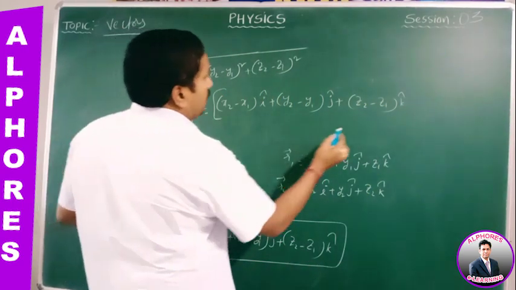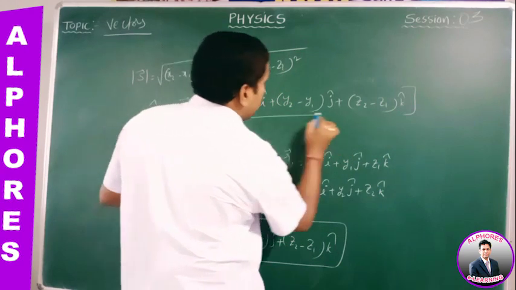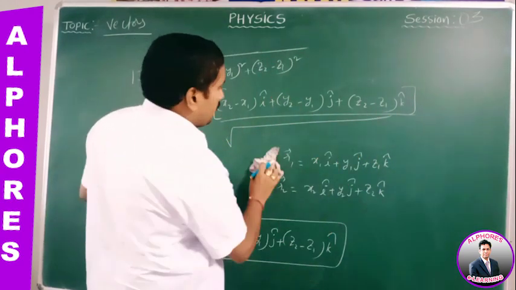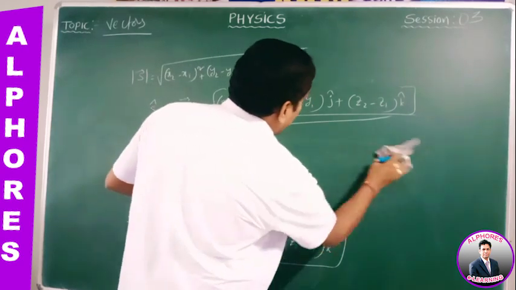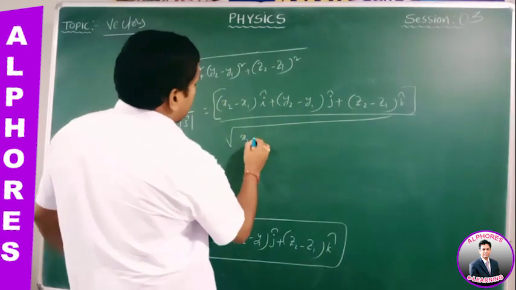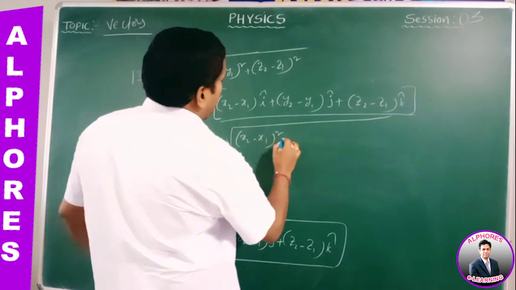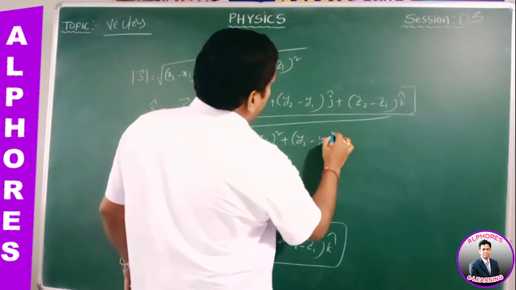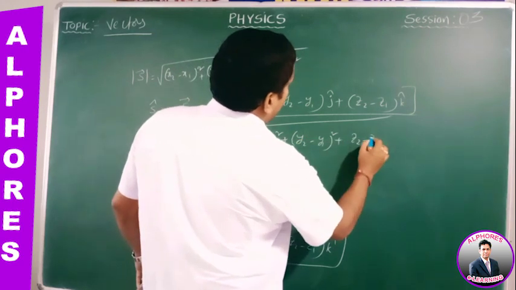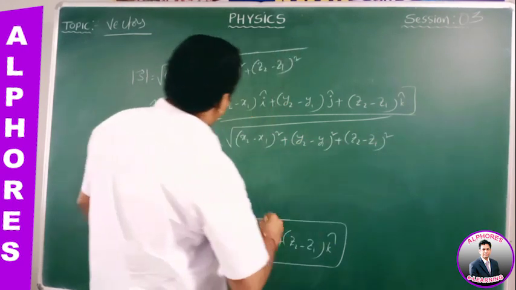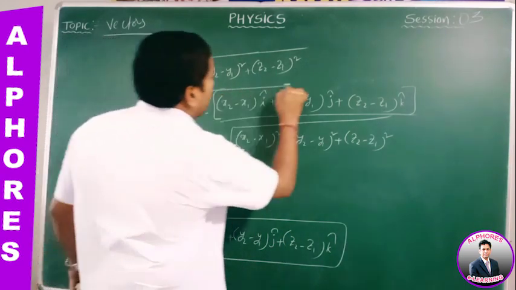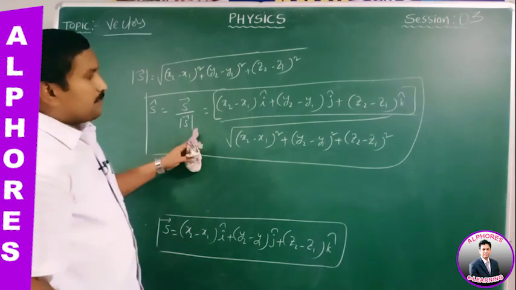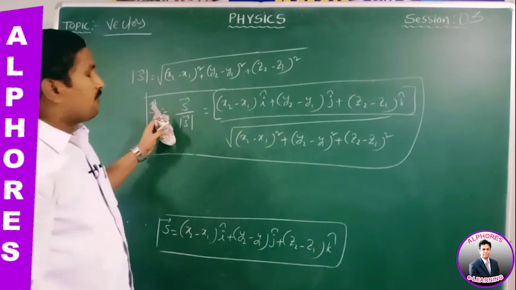So this is the total vector, divided by its magnitude, which is the root of (x2 minus x1) whole square plus (y2 minus y1) whole square plus (z2 minus z1) whole square. So this is the generalized expression for the unit vector of the given displacement vector.